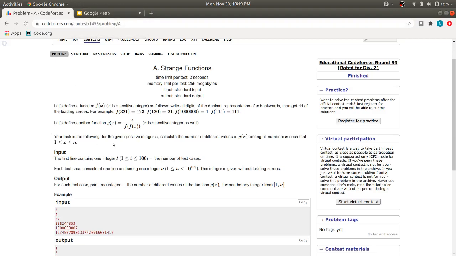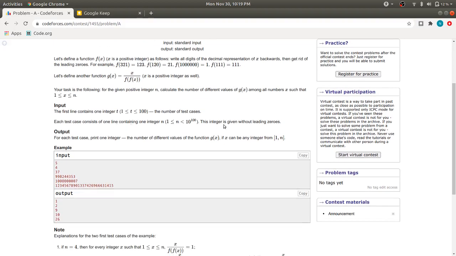We will be given some n, and for that particular n we need to print the number of different values of g(x) possible. For that n, we will just go from 1 till n and check g(x). So now let's come straight to the point.